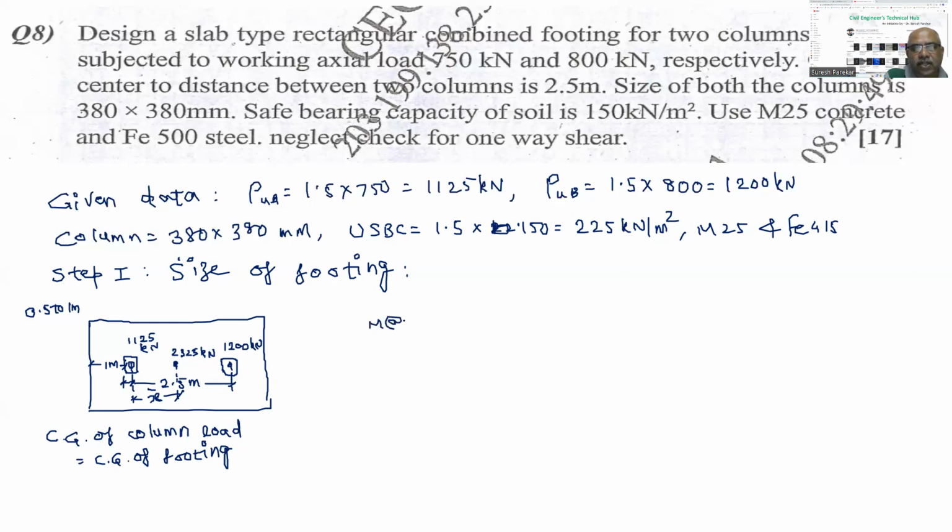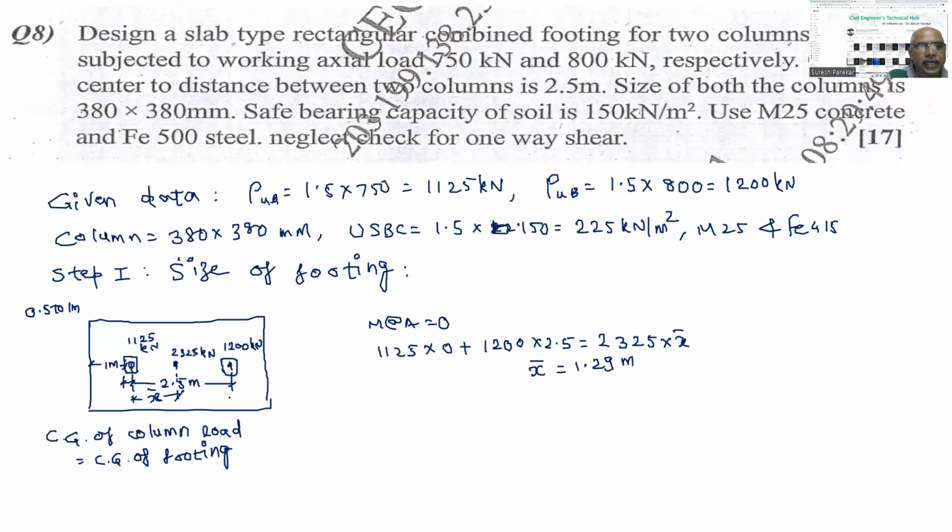So moment about A: 1125 into 0 plus 1200 into 2.5 is equal to 2325 into X bar. X bar is 1200 into 2.5 divided by 2325, which comes to 1.29 meters.